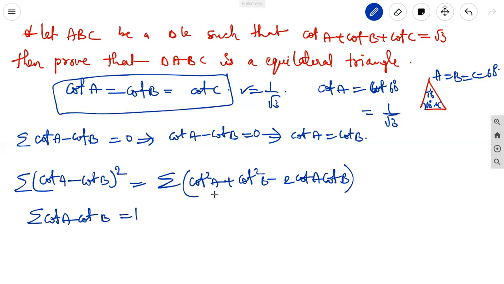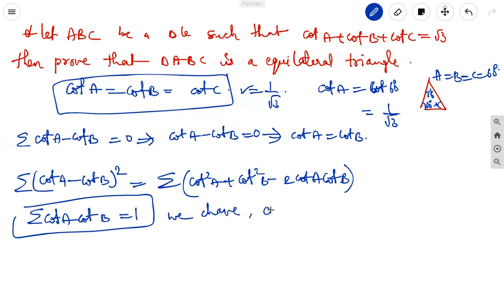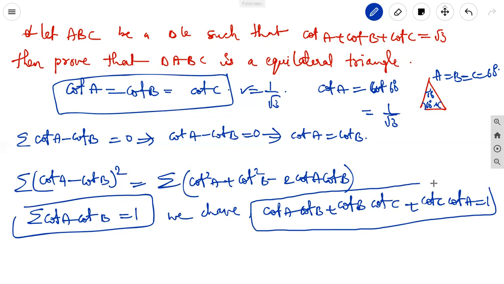Here we know cot square A plus cot square B minus 2 cot A cot B is the expansion of the summation. We have this relation from the previous problem: cot A cot B plus cot B cot C plus cot C cot A is 1.